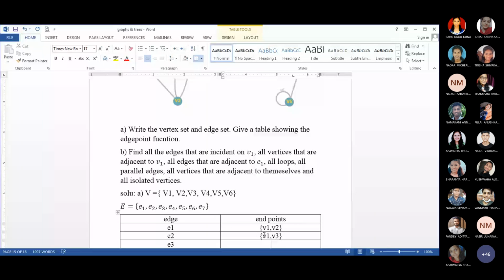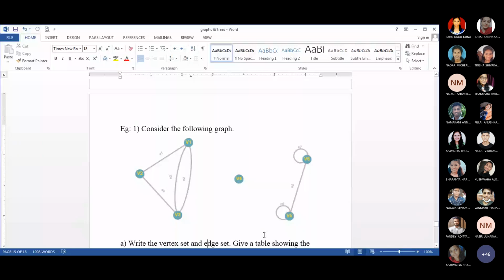So in this case, are E2 and E3 parallel edges? Yes. Okay, because they are the edges with the same endpoints.